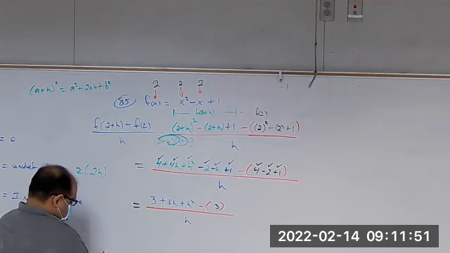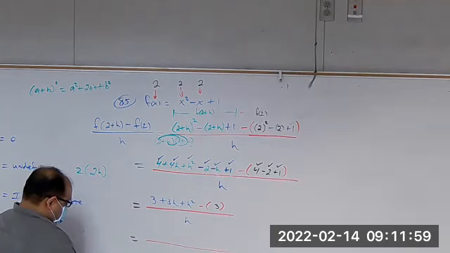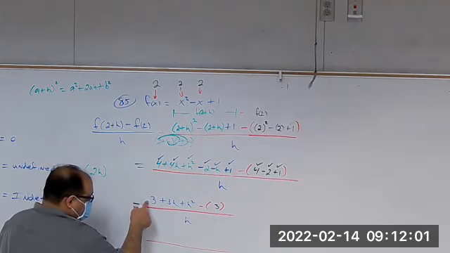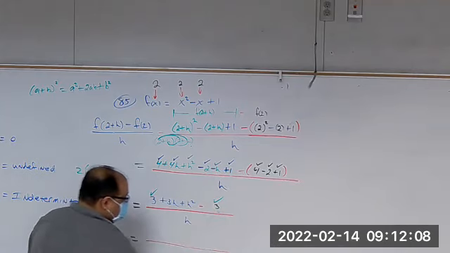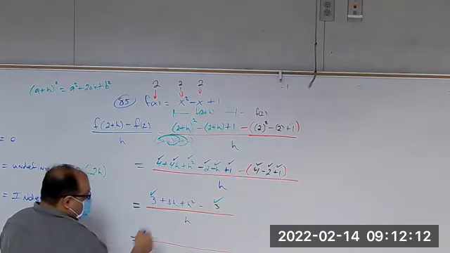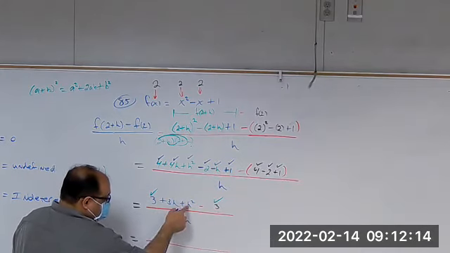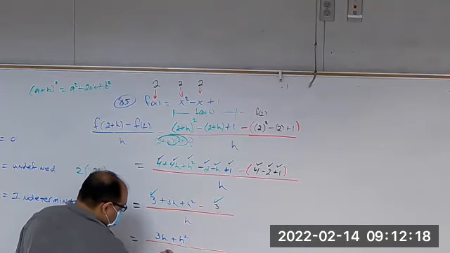So this becomes, if you look at the 3 in front and that's a minus 3 over here, 3 minus 3 cancels out, that's a 0. So we're left with 3h plus h squared, all over h.